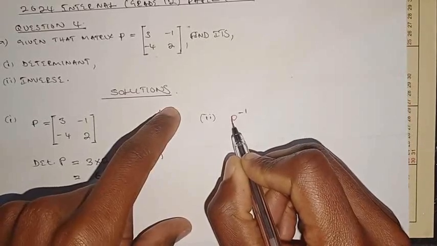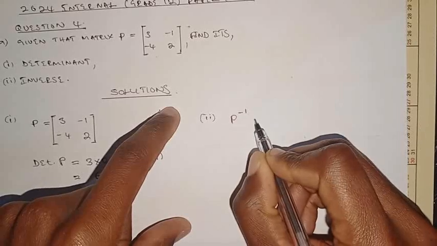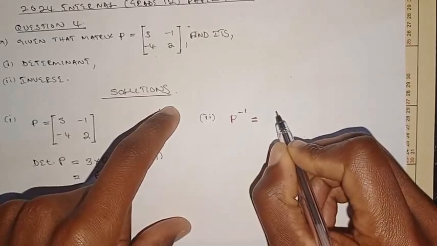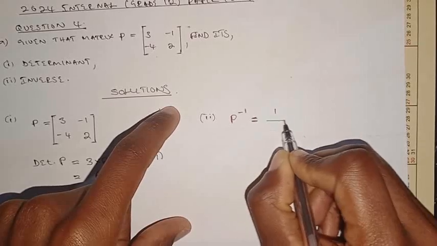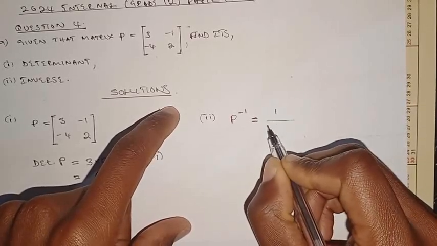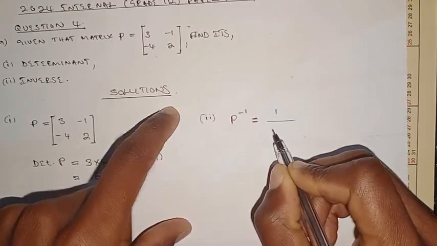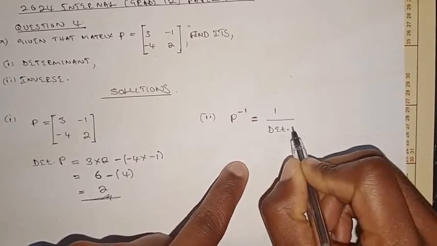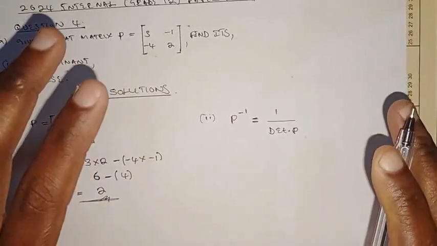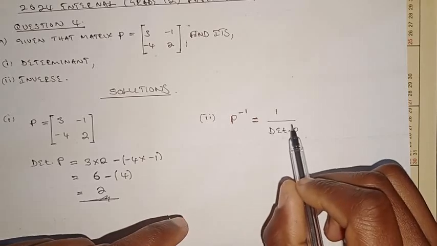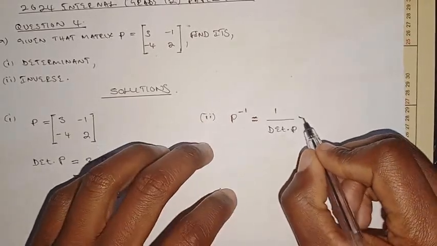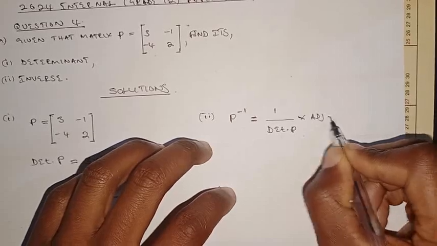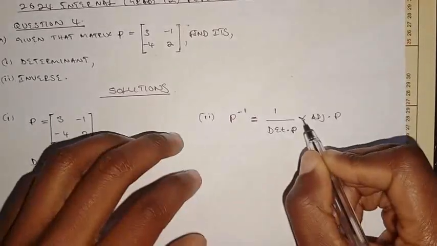So this means that we're finding the inverse of P. So to find the inverse of a matrix, we first of all write 1 over the determinant of the matrix that we want to find the inverse of, which is P. So in short, what we are doing here is we are finding the inverse of the determinant multiplied by the adjoint of P. So that's how we do it.